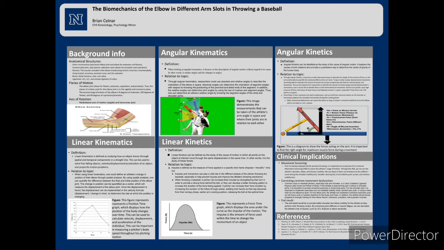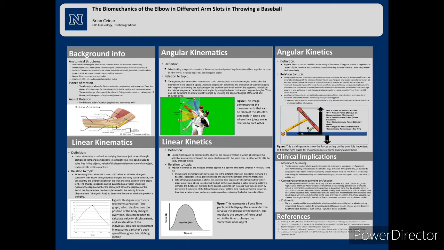To define linear kinematics is to understand the study of how objects move through spatial and temporal components in a straight line. When using linear kinematics, one could define an athlete's change of position of their elbow through spatial analysis.